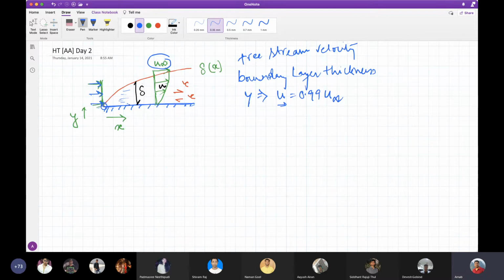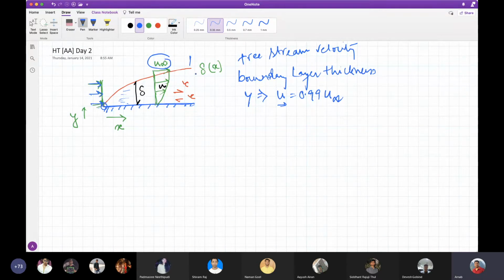So the fluid flow we can characterize in two distinct regions. One is the thin liquid layer that is called the boundary layer, in which velocity gradient and shear stresses are quite dominant, and the region outside this boundary layer where the velocity gradient and the shear stresses are negligible.